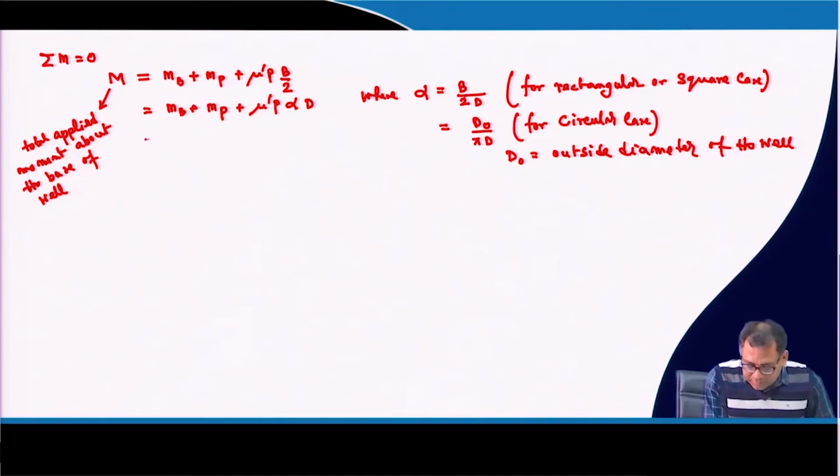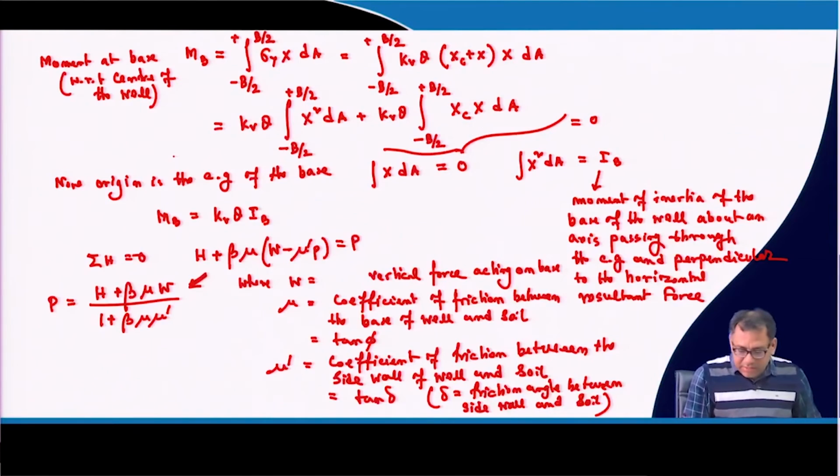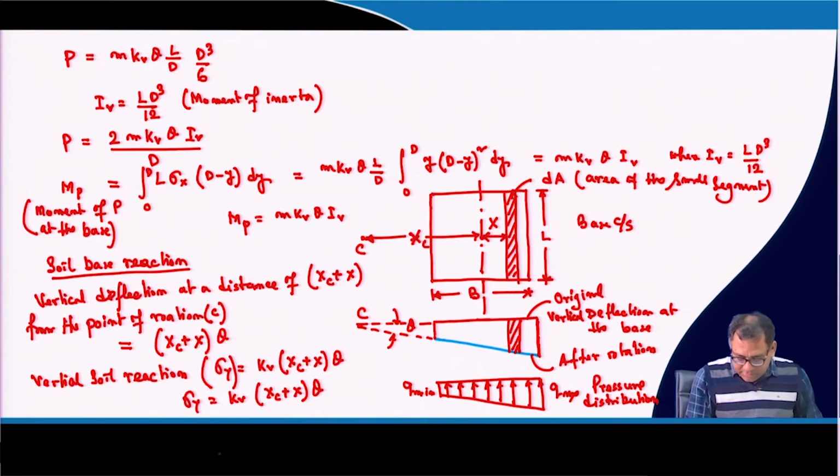Now we know the values of MB and MP, that we have derived. MB is k v theta Ib and MP is m k v theta Iv.